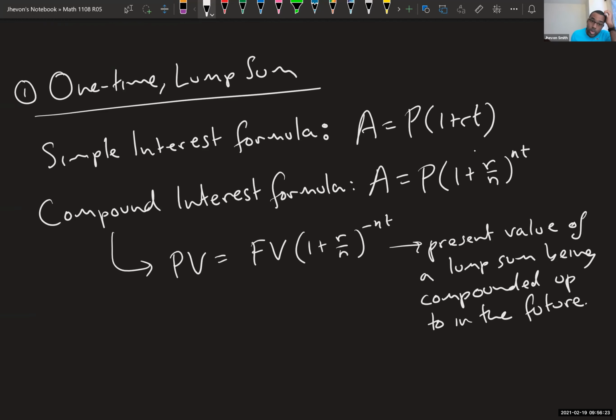But again, you need to remember this is a one-time payment. It's like, what is the money I need to put in now so that I can forget it, never put in any other money, and it grows to the FV, right? So one-time payment, you'd use this.